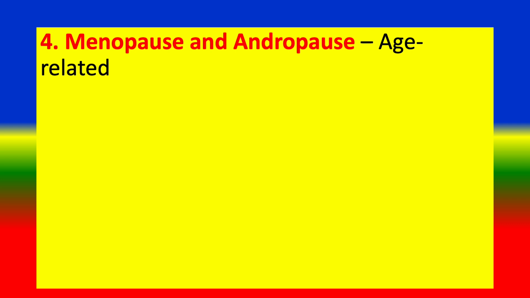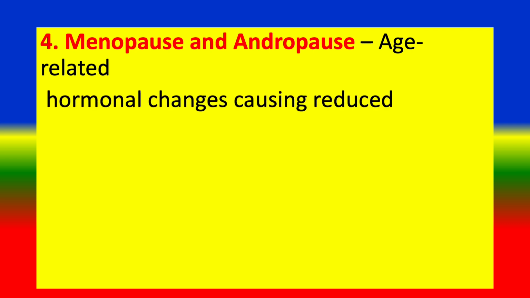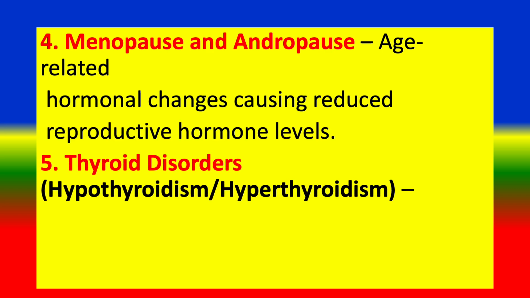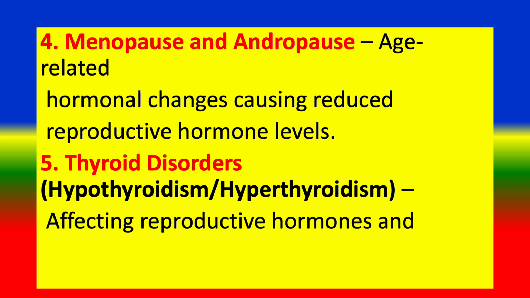Menopause and andropause, age related hormonal changes causing reduced reproductive hormone levels. 5. Thyroid disorders, hypothyroidism, hyperthyroidism, affecting reproductive hormones and fertility.